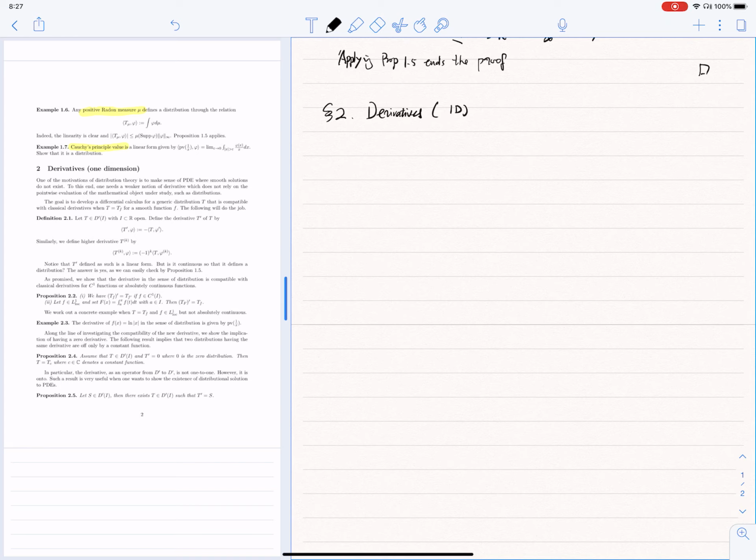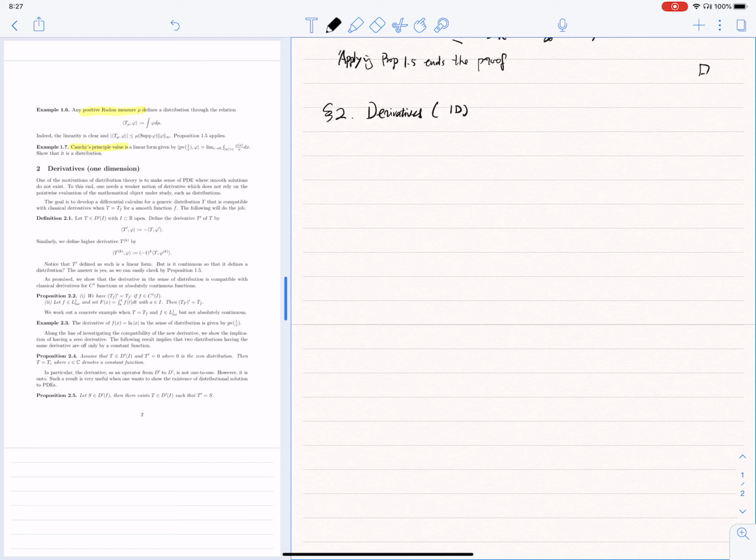So the goal is to develop a differential calculus for a general distribution that is compatible with classical derivatives when this distribution is associated with a smooth function, such as a C1 function.